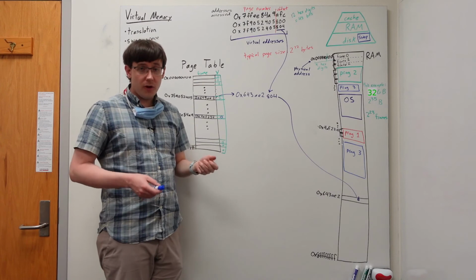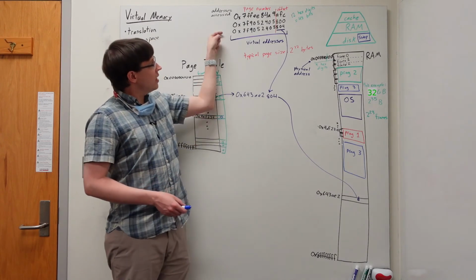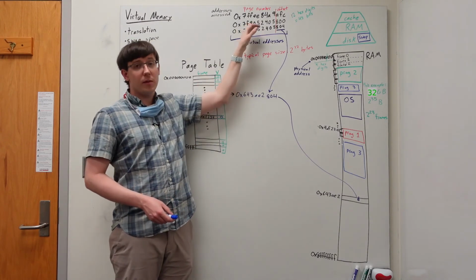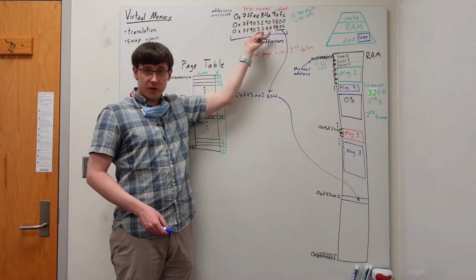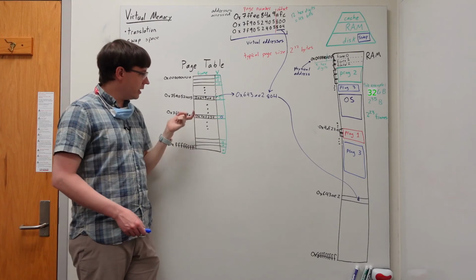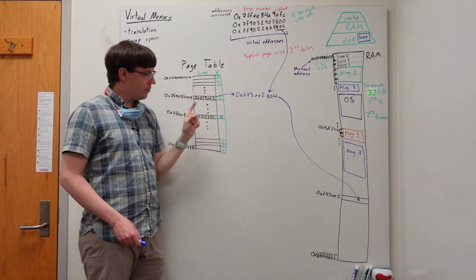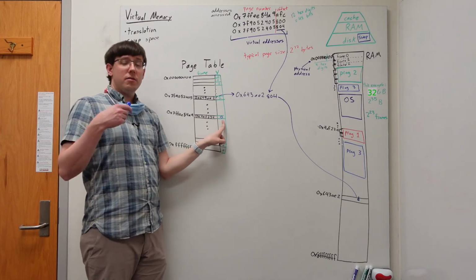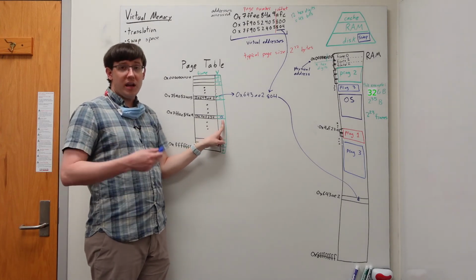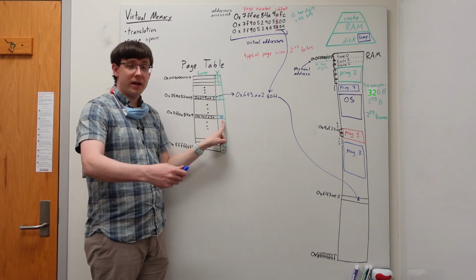When a page fault happens, that is, when a process is looking for data at some virtual address, and we take the page number portion of that virtual address and look it up in the page table and find that that page is invalid, this is a page fault, and a page fault will invoke the operating system.